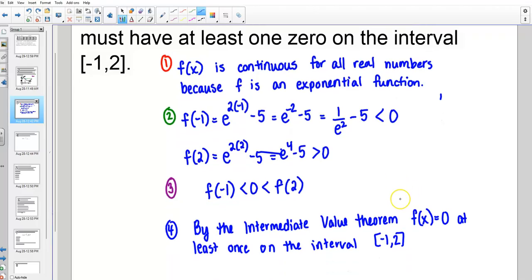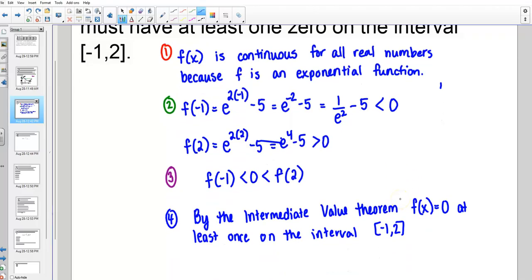I think this is enough. They're going to give you that probably. If you want to be very clear, you can say, therefore, f has at least 1 zero on negative 1, 2.